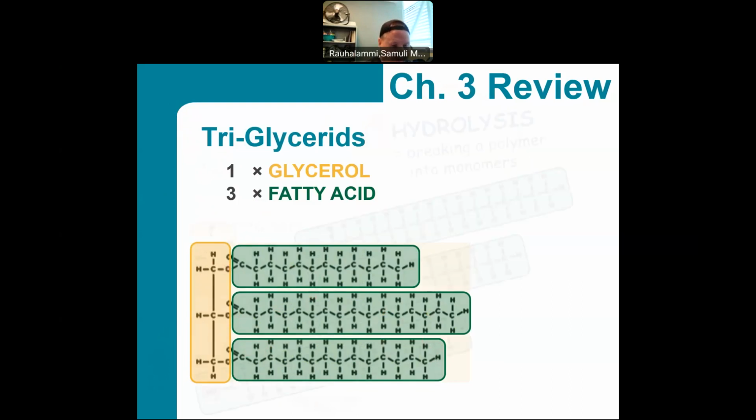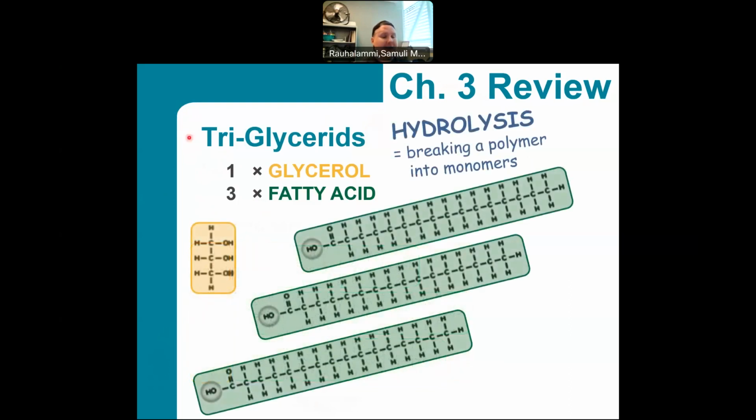We can see the same concepts that we saw earlier: through a process of hydrolysis, we can break apart a triglyceride into a single glycerol and three separate fatty acid chains. So we're breaking this polymer, the triglyceride, into smaller parts by using hydrolysis.